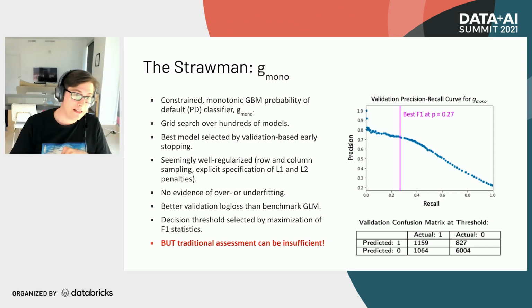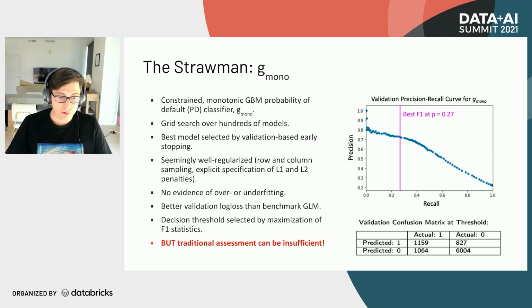So I like that. The model was selected using validation-based early stopping in XGBoost with a manual grid search over hundreds of models, random grid search. I know we can do better, but at least we did a grid search. Seemingly well regularized, it should be fairly stable. Gradient boosting techniques incorporate row and column sampling, and there's an explicit way to specify L1 and L2 penalties in XGBoost.